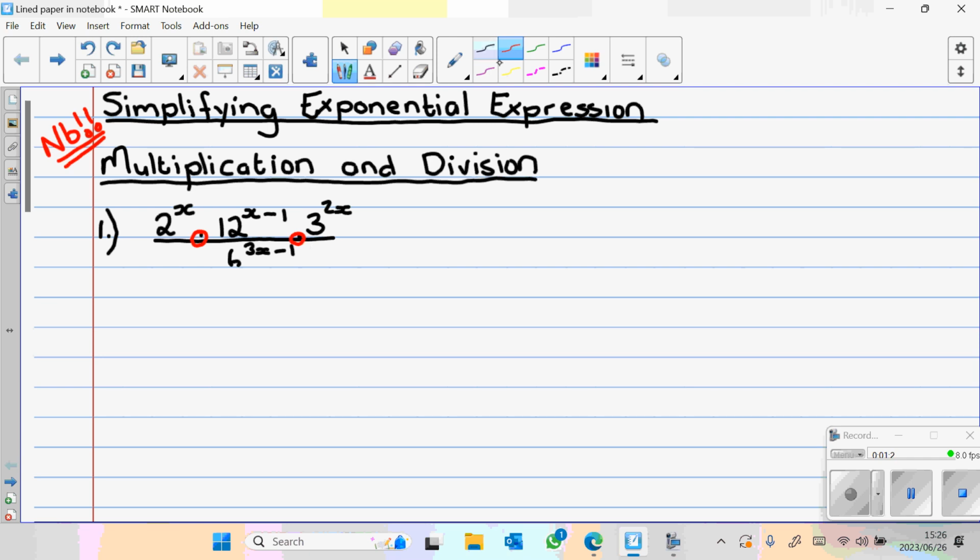Now, when you have adding or subtracting, or any one where you have numbers, your first thing is always to write them as a product of their prime numbers.